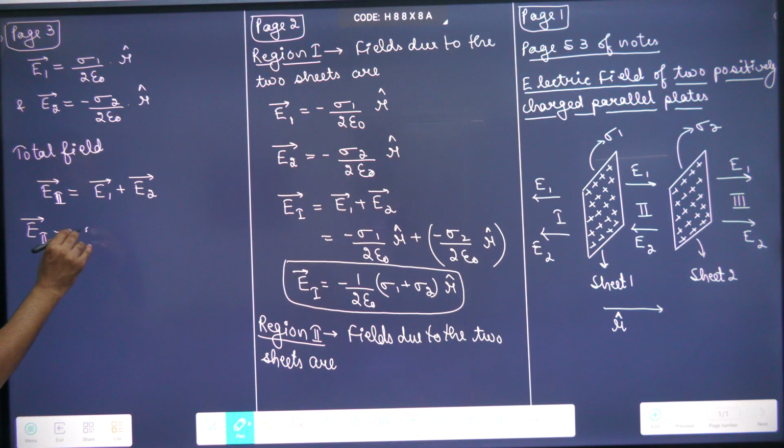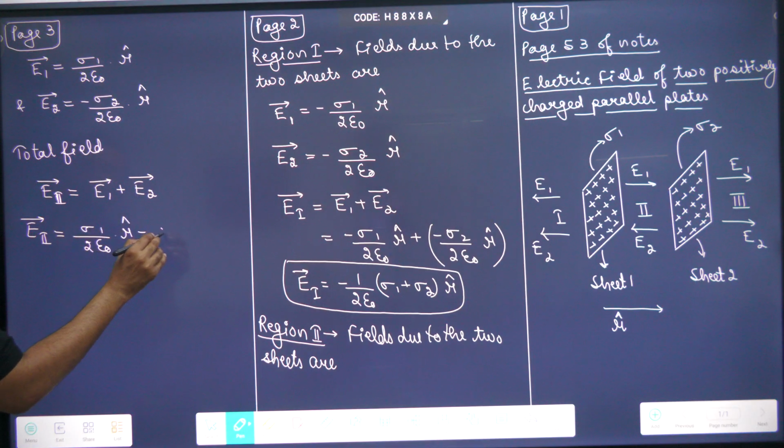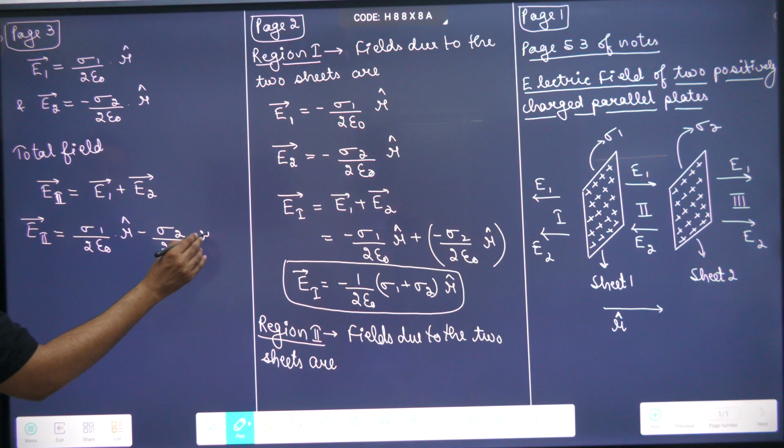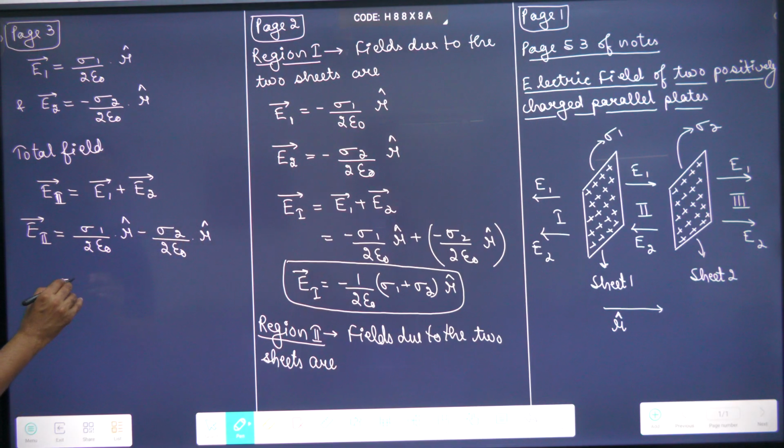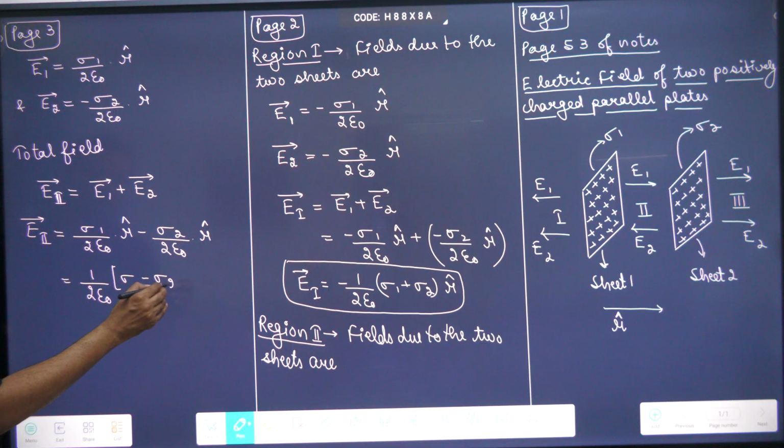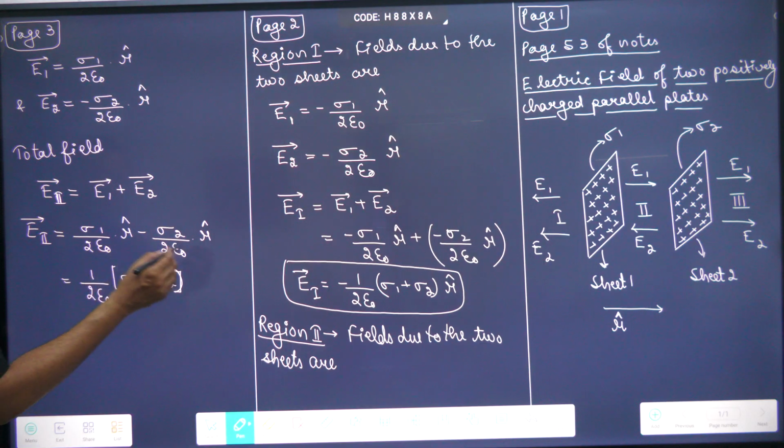Sigma 1 upon 2 epsilon naught r cap minus sigma 2 upon 2 epsilon naught r cap. Now take 1 upon 2 epsilon naught as common. It will be sigma 1 minus sigma 2, and take r cap common and write it after the bracket. So this is total electric field in region second.